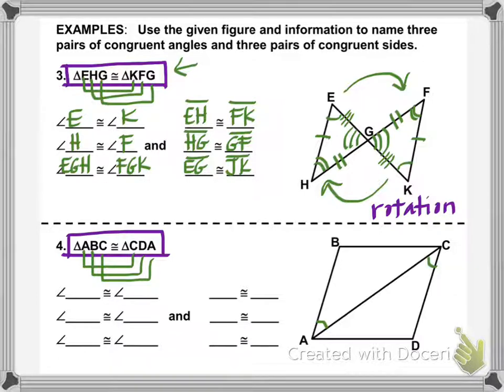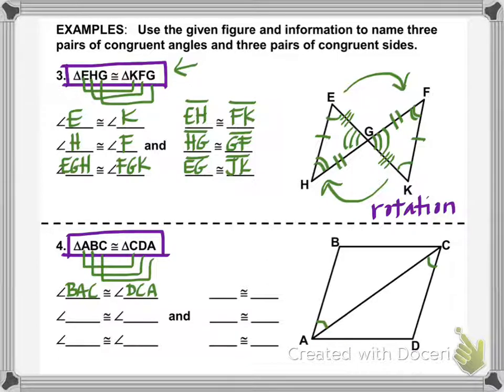Now, for those two angles, I would have to use 3 letters because for angle A, there's several, and for angle C, there are several. So for the angle A that I put the 1 arc through, we could call it angle BAC or CAB. Either one is fine. For the angle C that I put the 1 arc through, we could call it angle ACD or DCA. Either one is fine.